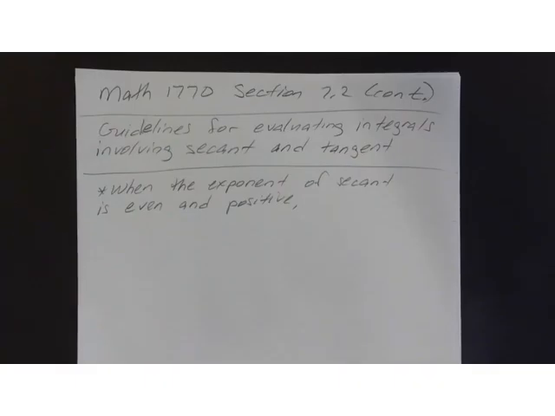Okay. So we knew when we did sine and cosine, if you had an odd exponent for either one of those, you'd factor out one of the sines or cosines, and then you replace sine squared with 1 minus cosine squared, cosine squared with 1 minus sine squared. This is kind of the same idea.